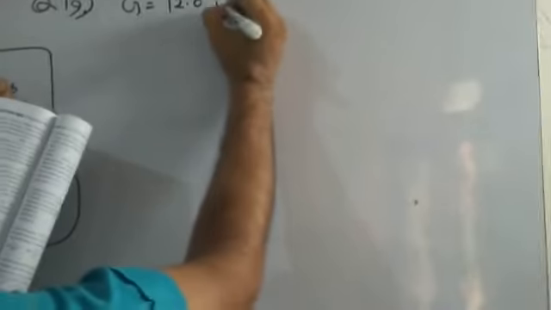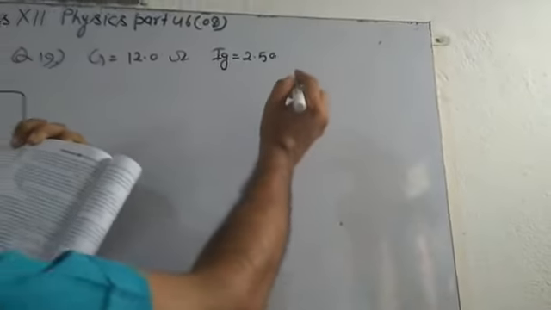The coil shows full scale deflection for a current in the galvanometer of 2.5 milliampere. How will we convert it into an ammeter?